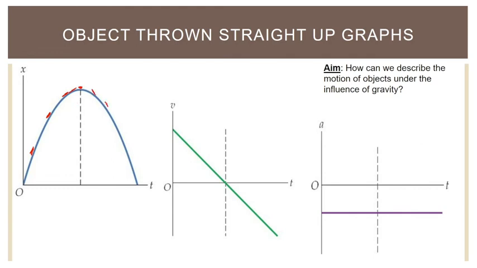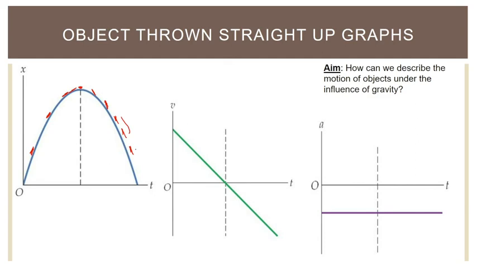Then on the way down, the slope increases in the negative direction. This is why it has to be an upside down parabola, because that's the only way it can show positive velocity, but decreasing, then a zero velocity, and then an increasing velocity, but in the negative direction.